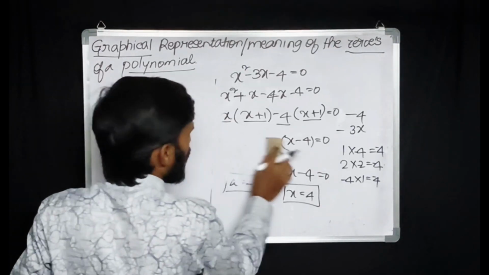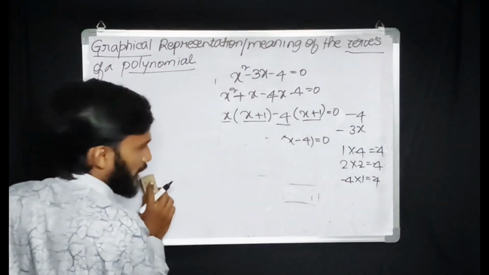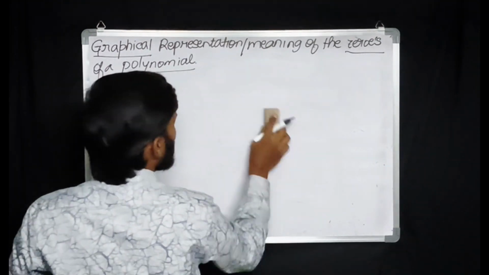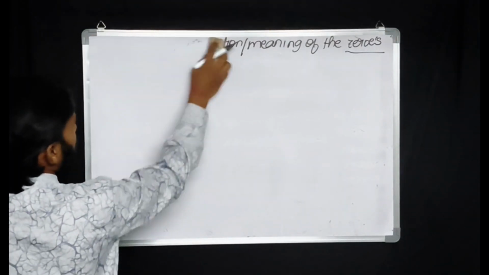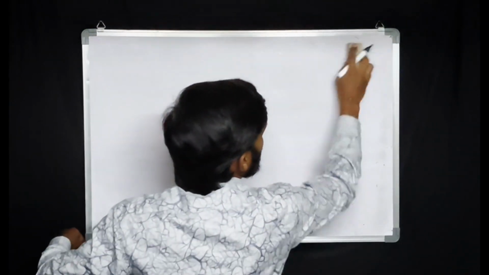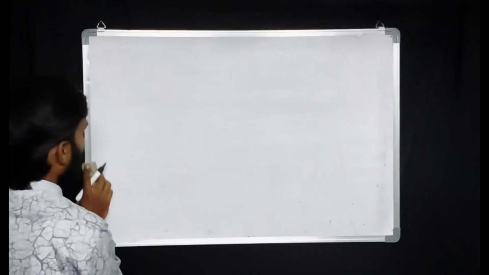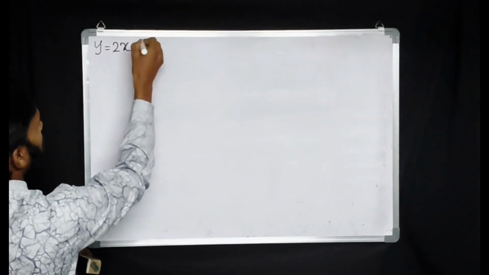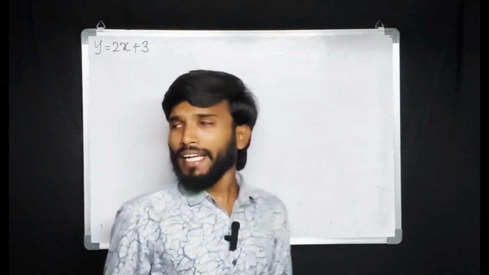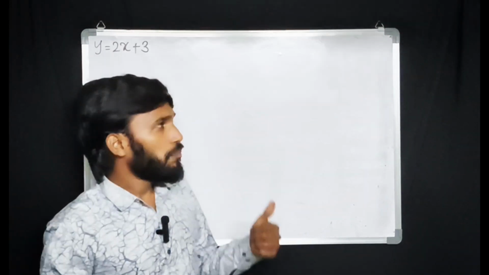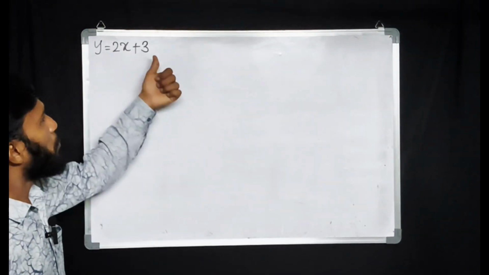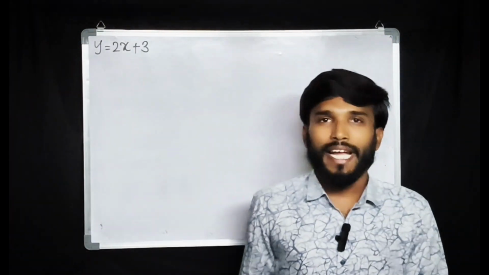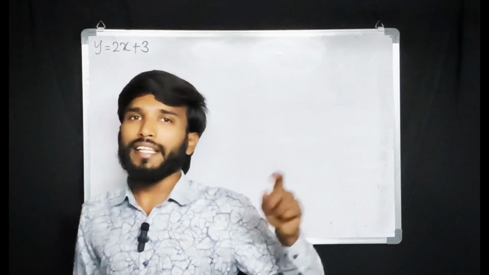Here we took two polynomials, one linear and one quadratic. The first one is y = 2x + 3. To find the zeros of this polynomial on the graph, first we have to take some values for x and substitute them in this polynomial.